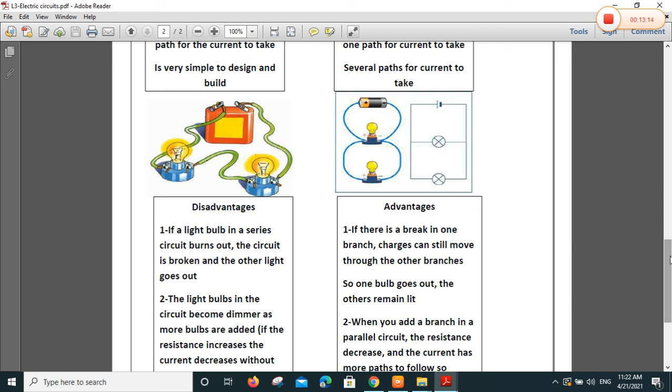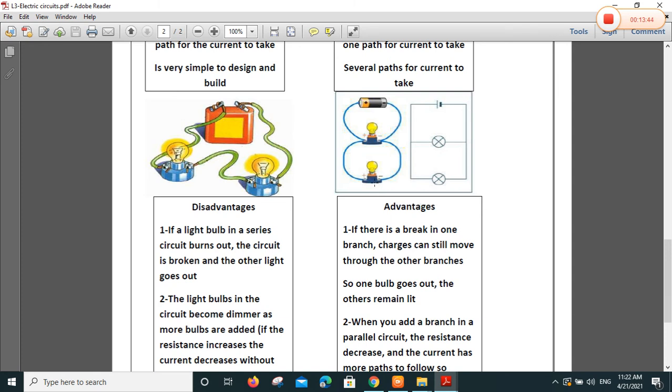Number 1, we have more branches. If one bulb goes out, the others remain lit. Why? Because every bulb has its own connection, so this connection doesn't affect the second connection, and so on.